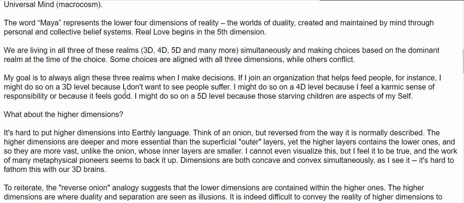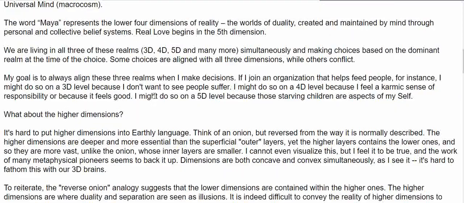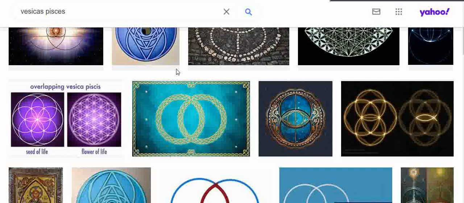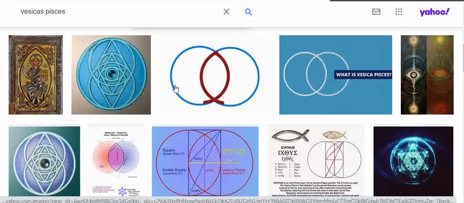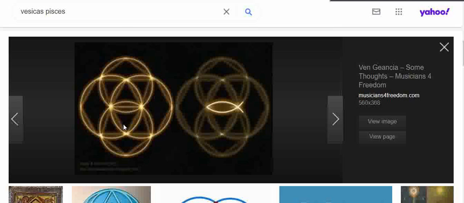We are living all three of these realms, 3, 4, 5D, and many more simultaneously and making choices. Yeah, because we're multidimensional, based on the dominant realm at the time of the choice. Some choices are aligned with the three dimensions while others conflict. This one is the physical species, and this represents the multidimensionalism of creation, whereby sometimes there is conflict and implies a dimension intertwined with another.